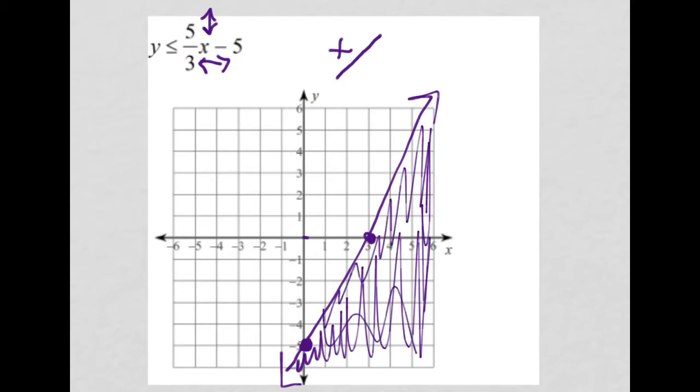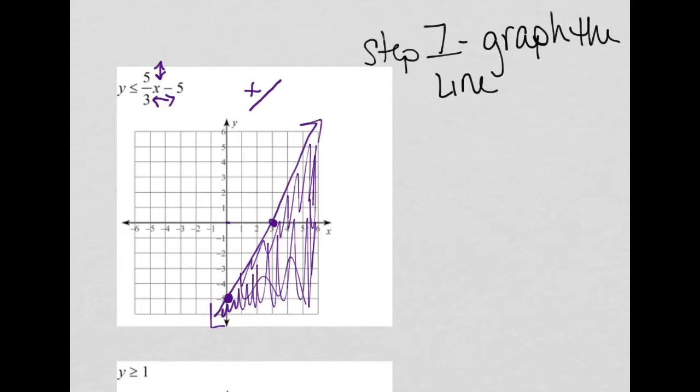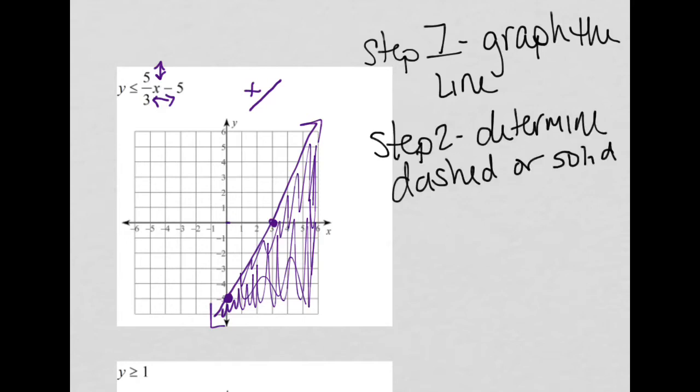So let's review our steps for this. Step 1 was to graph the line. Step 2 was determine whether or not it was dashed or solid. Remember, a dashed line are these two symbols. A solid line are these two symbols.